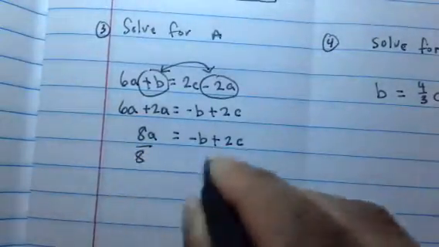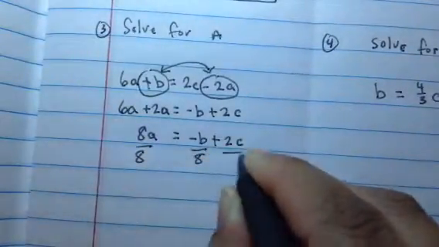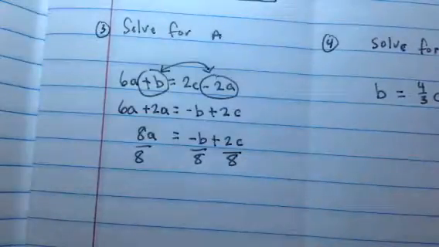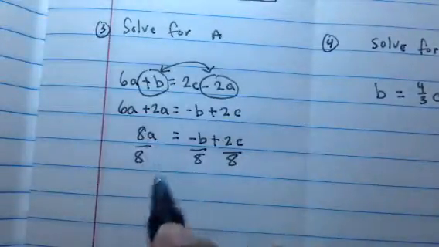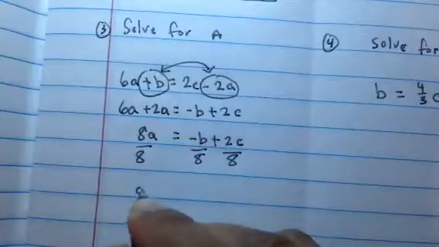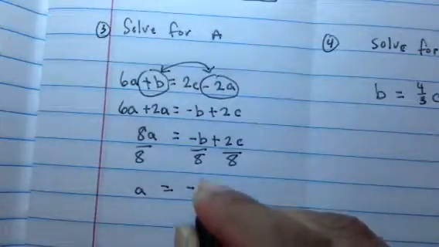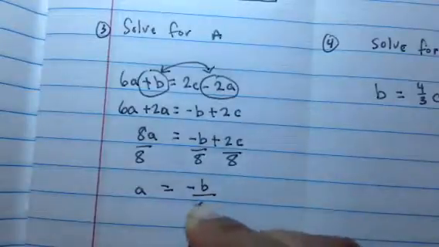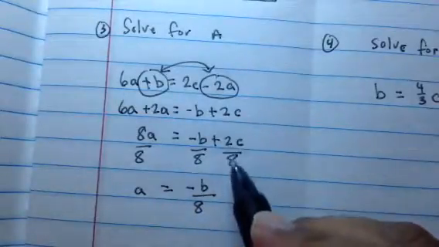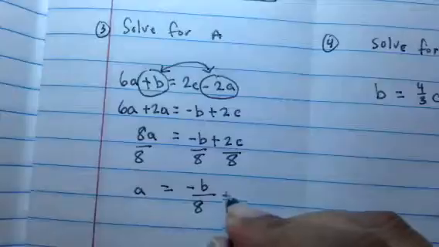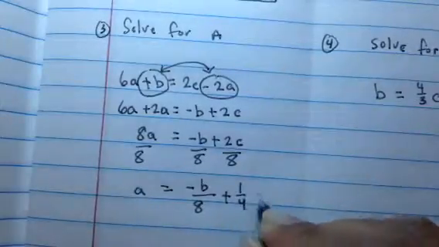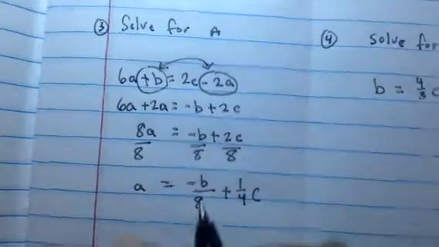So we're going to divide everything by 8. So our answer is going to be a equals -b over 8. Now 2 divided by 8 is 1/4. And that's your answer.